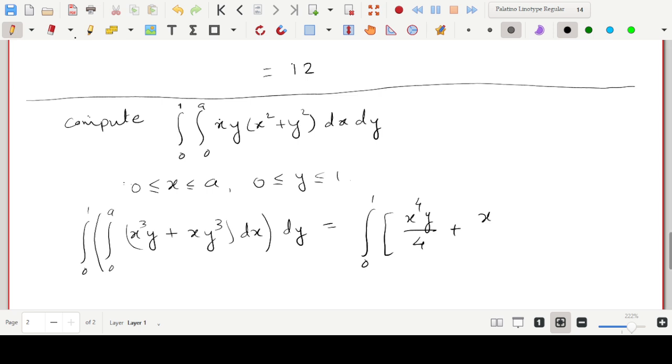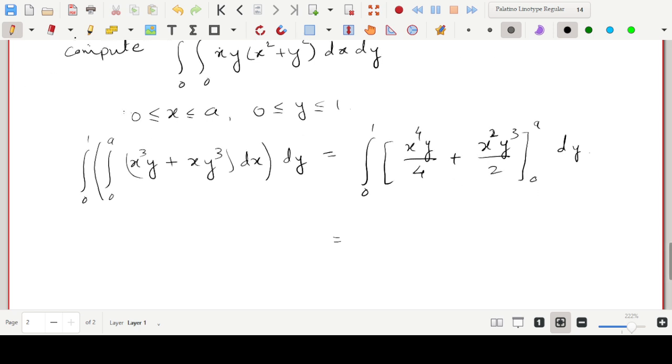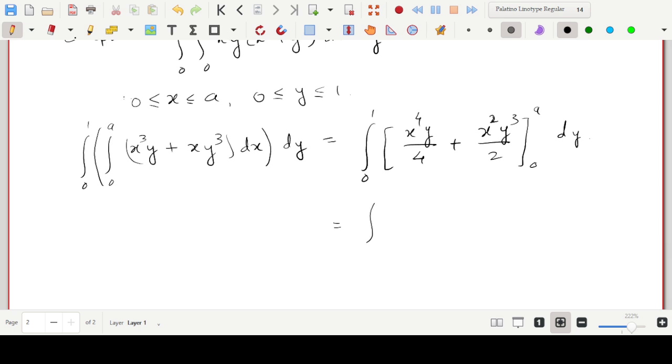So x square y cube over 2, and limits of integration are 0 to a, dy remains unchanged, 0 to 1.